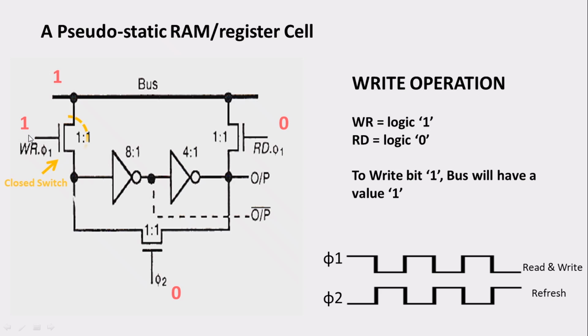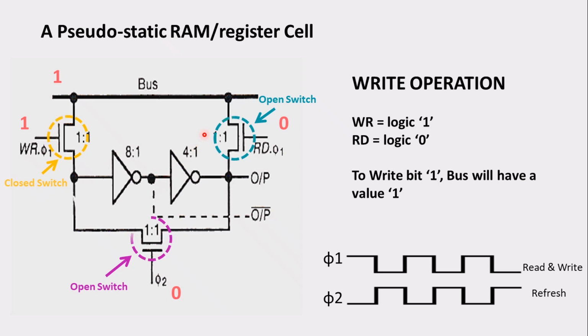When we have applied 1 over here, this particular transistor is going to be turned on, so it is going to act like a closed switch. The logic applied here is 0, so this transistor is going to be turned off and act as an open switch. Here also, since we have applied 0, this transistor is turned off, acting like an open switch.